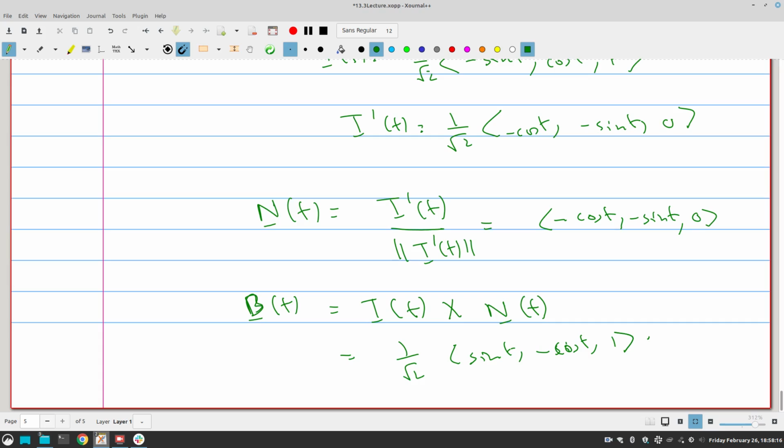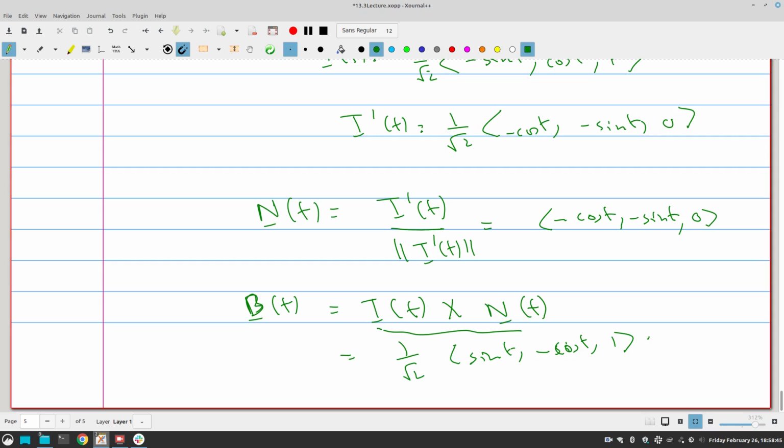Okay, so let's look at example 7. In fact, I expect you to go through example 7 yourself. You have to compute T, the normal and binormal vectors, and the curvature at 1, 0, 1.